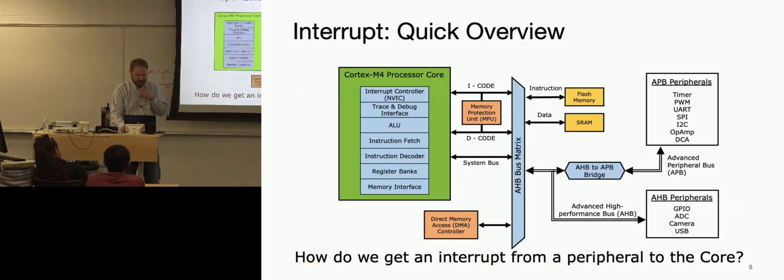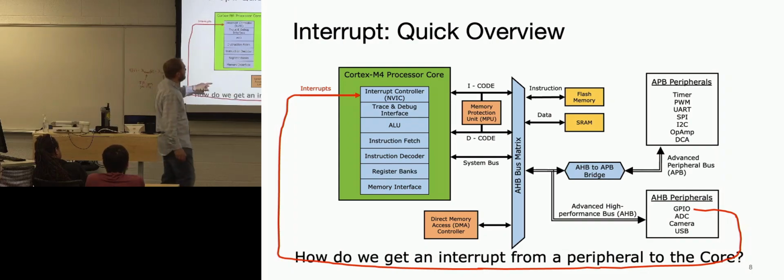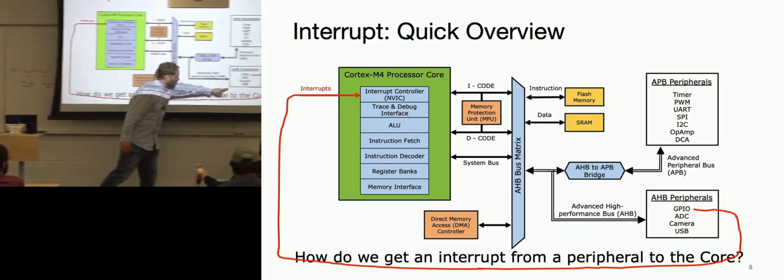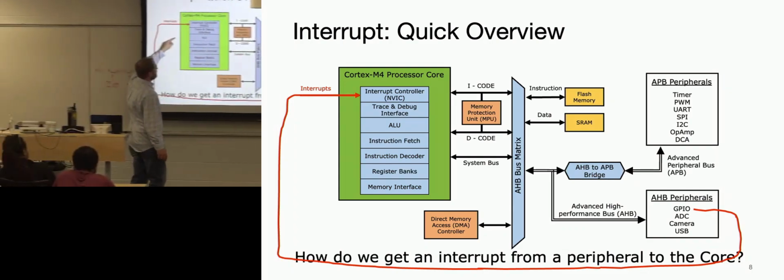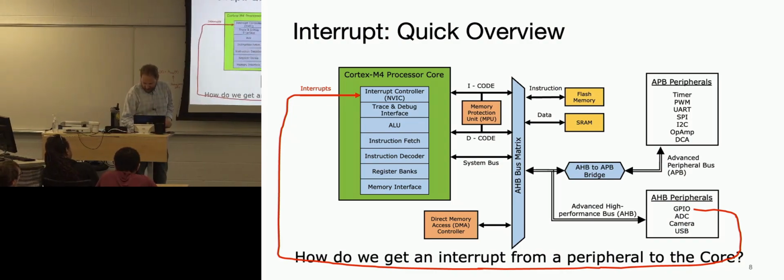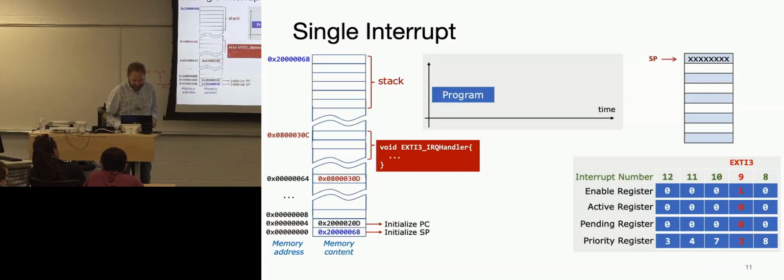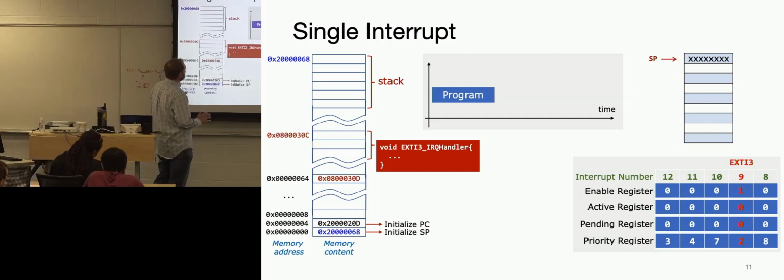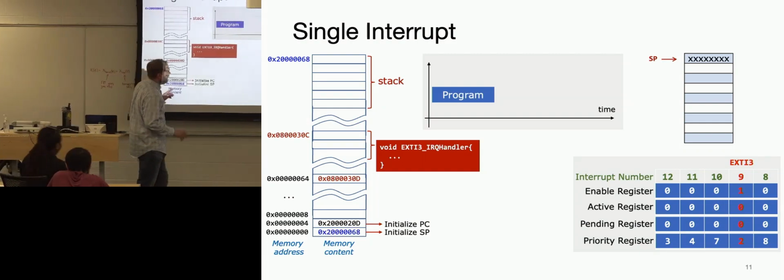Just to remind you, these are review slides. Literally, there are wires that go back to the NVIC controller. Those are the interrupt signals. There's multiple of them. So here's a slightly different example, just so you can see it in a different way.